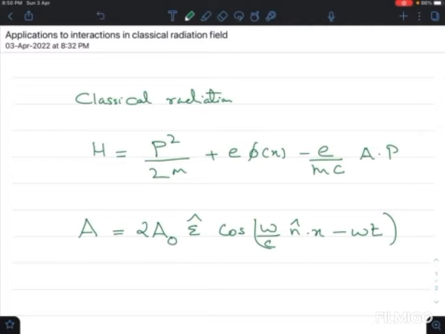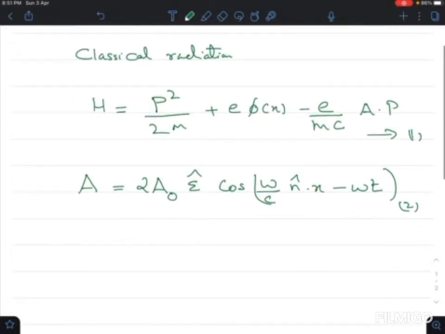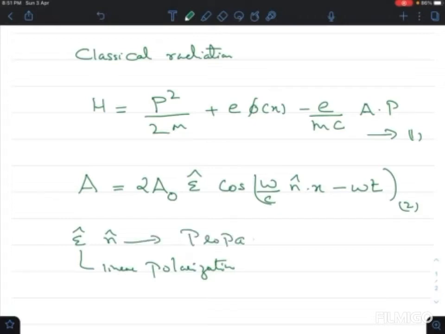Let's put this as equation 1 and this as equation 2. Here epsilon cap and n cap represent the linear polarization, and the propagation direction of the wave.